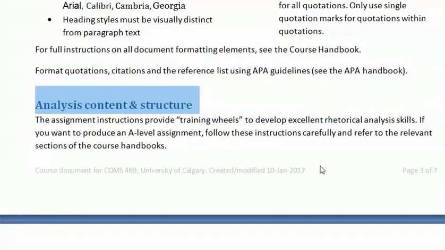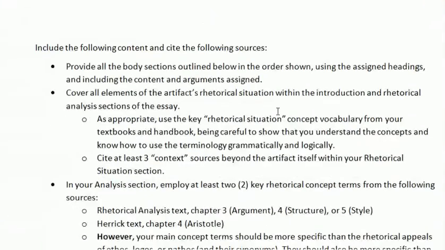So now we're looking at how to get your 750 words of content. How do you brainstorm? Here the basic outline is that you can brainstorm material to put into your rhetorical situation section.